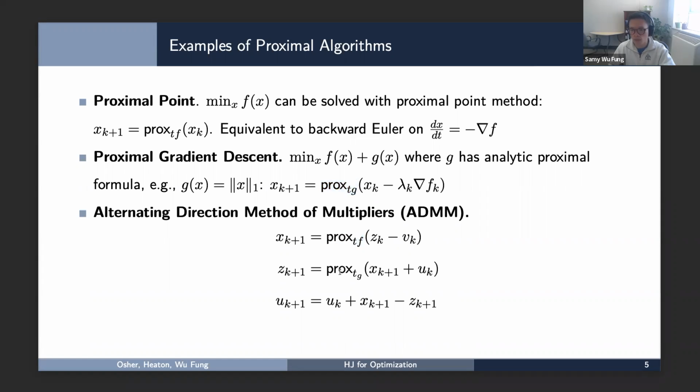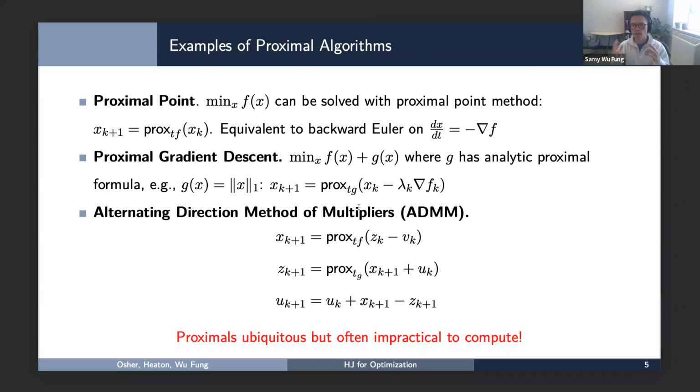But the only time you can truly use them is when you either have an analytic formula, or you have to employ an iterative algorithm just to compute a proximal, which makes them quite computationally taxing. So again, the point of this slide is that these proximals are ubiquitous, but impractical to compute for general functions f. That's the reason I'm giving this talk today, and the reason for our work.